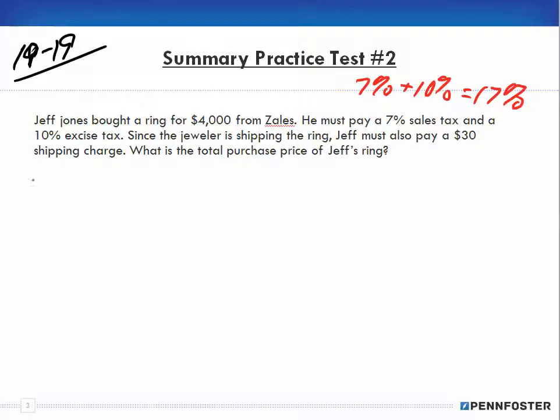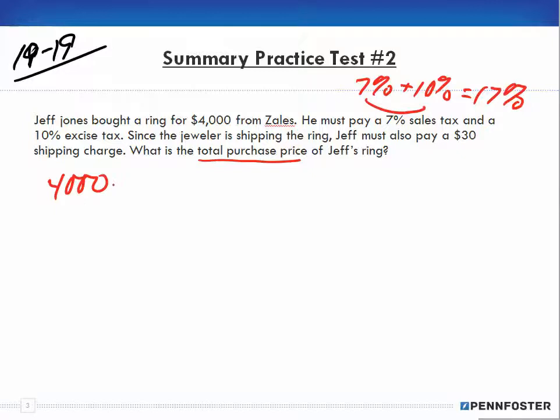We have two different ways of doing this because it's just asking for the total purchase price. You could do this problem several different ways, and the way you do it is up to you. You saw me add my two taxes together and come up with 17%.